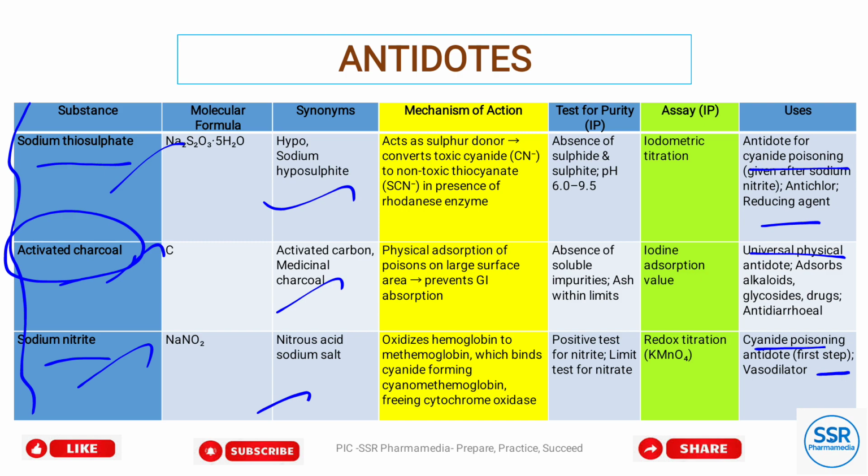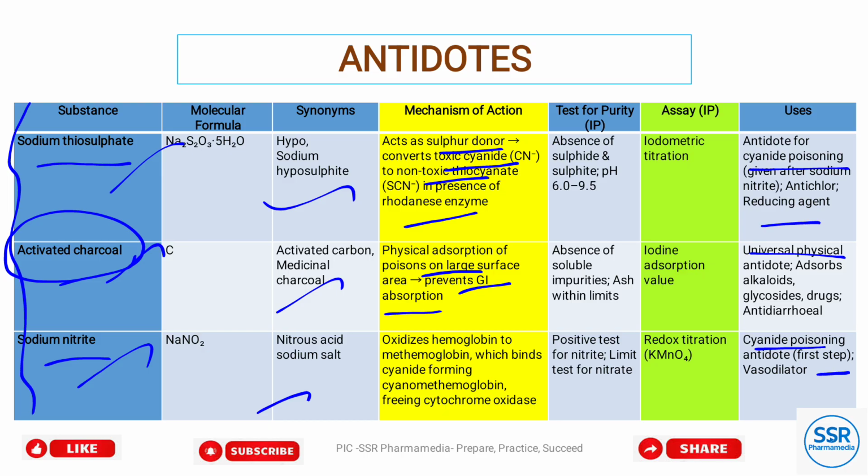So for these compounds, the synonyms and mechanism of action: sodium thiosulfate acts as a sulfur donor. It converts toxic cyanide into non-toxic thiocyanate in the presence of rhodanese enzyme. And physiological means it has a large surface area, adsorbs poisons on the large surface, and prevents GI absorption.